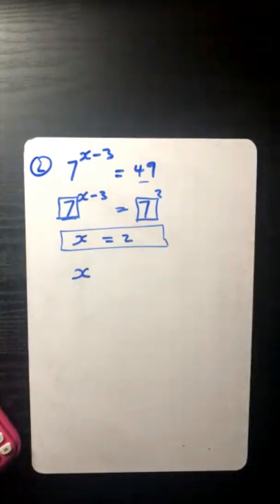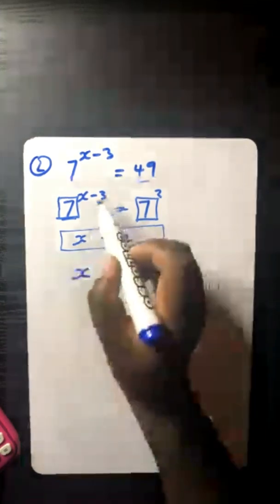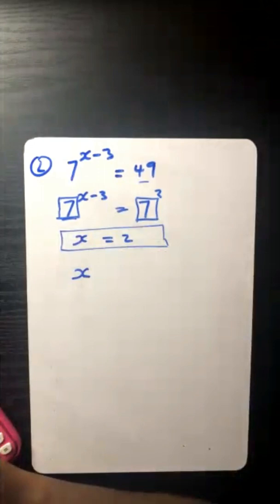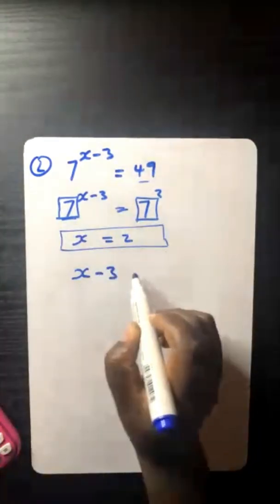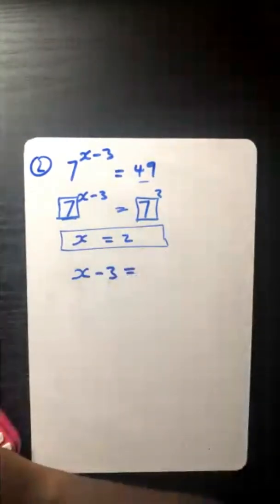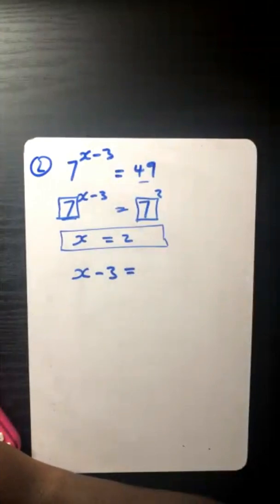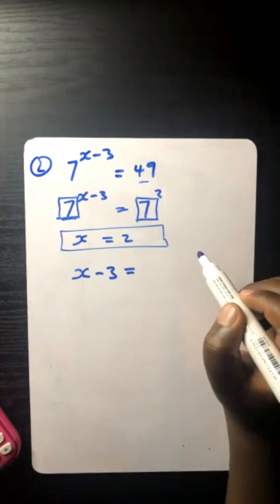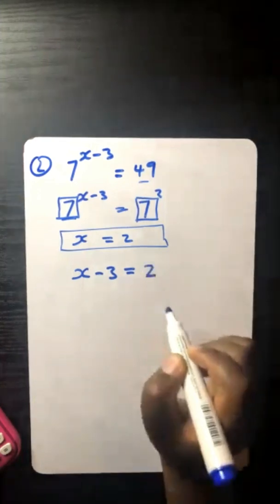Let me check something, Shreyas. Is it because maybe it's not clear? What is that sign over there? It says minus, minus 3, so it's x minus 3. You equate it to 2.